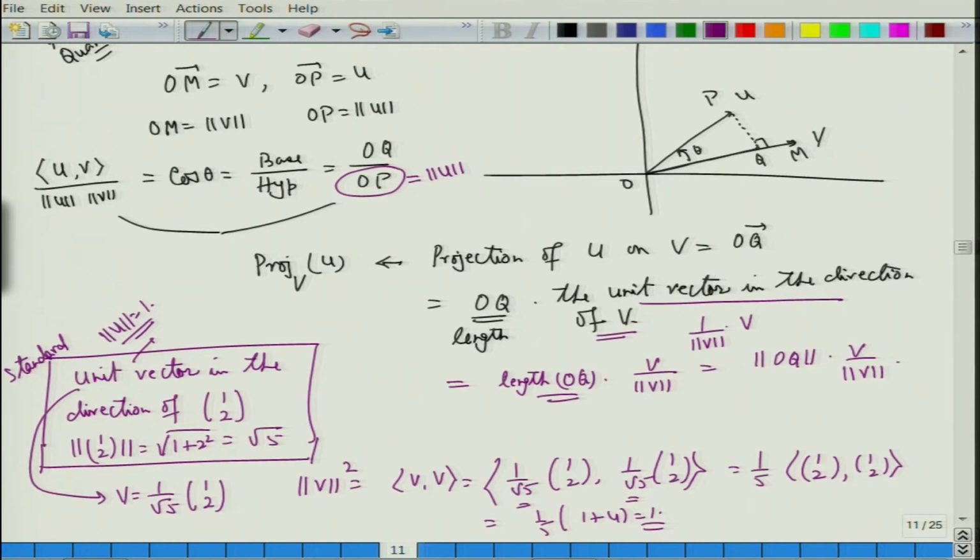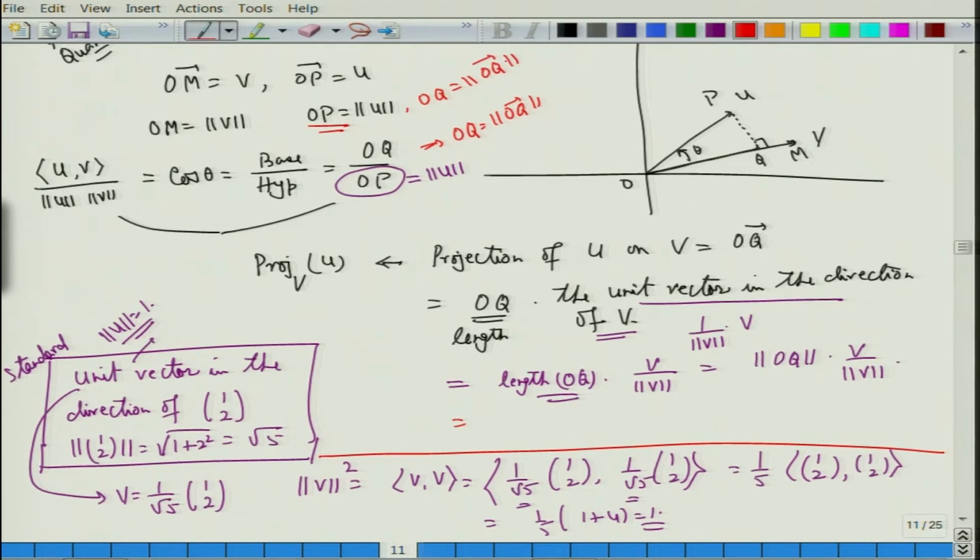So let us go back to OQ here. From here, what I get is that OQ, which is the length of the OQ vector, because we wrote OP and did not write OQ. So the length of OQ will be equal to OP times this.